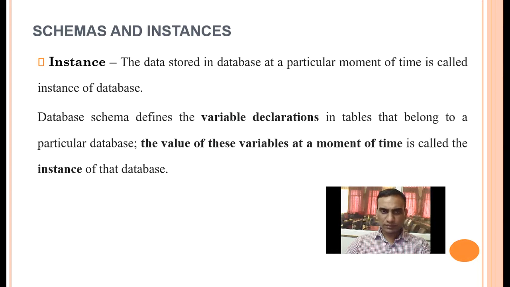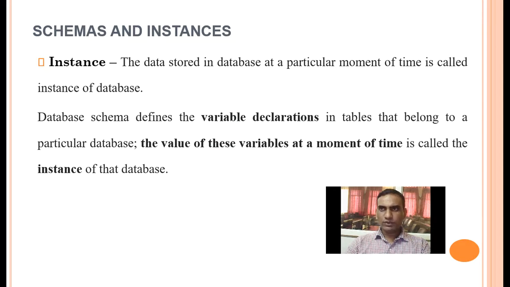Okay, database schema. So this is instance and schema. If you correlate with your programming knowledge, in any programming you have a variable and an instance. Declaration of a variable means schema, and at that particular moment when you put values into that variable, it is called the instance.